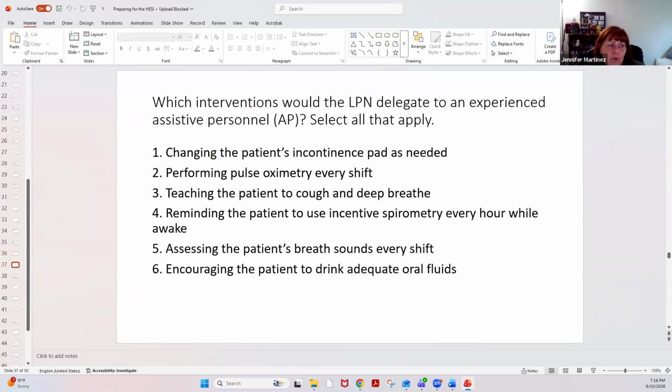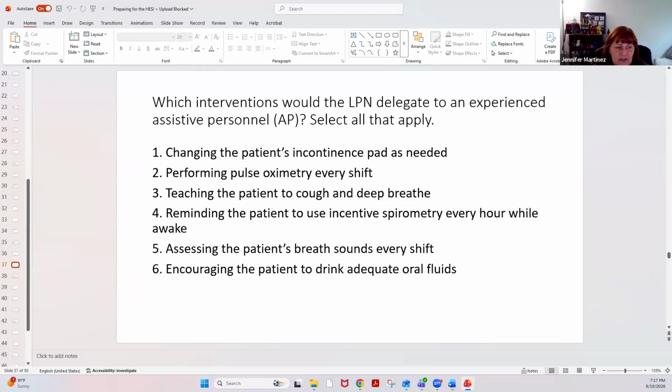Which interventions would the LPN delegate to an experienced assistive personnel? Select all that apply. One, changing the patient's incontinence pad as needed. Two, performing pulse ox every shift. Three, teach the patient to cough and deep breathe.